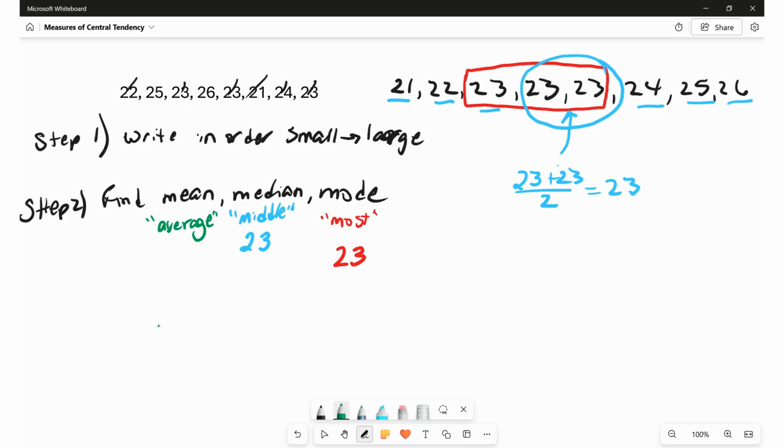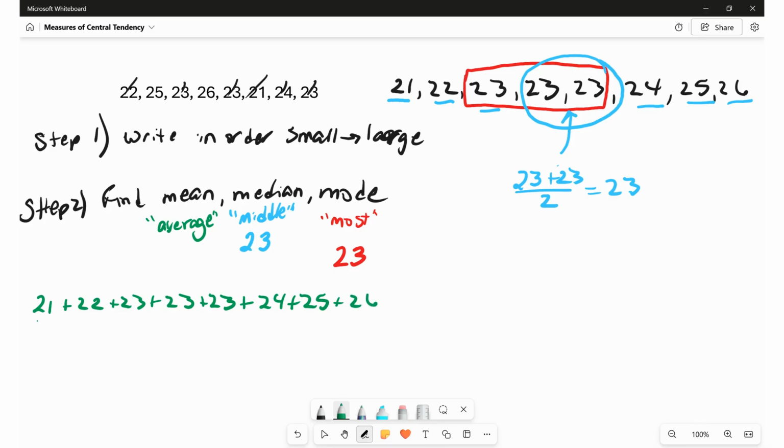Okay? So in order to do this, we are going to take all of our data points. So we're going to take 21 and 22 and 23 and 23 and 23 again, 24, 25, and 26.